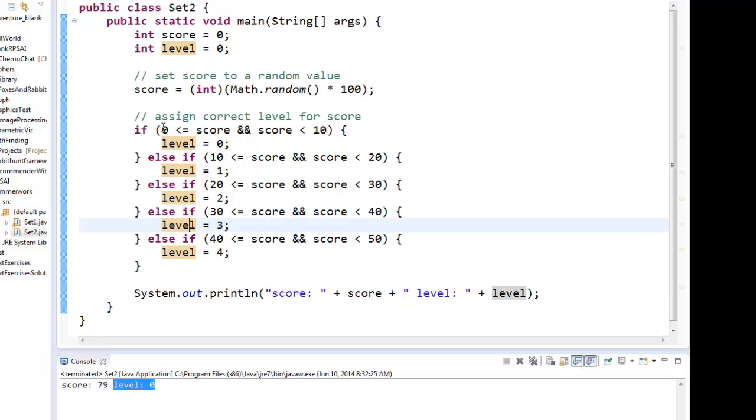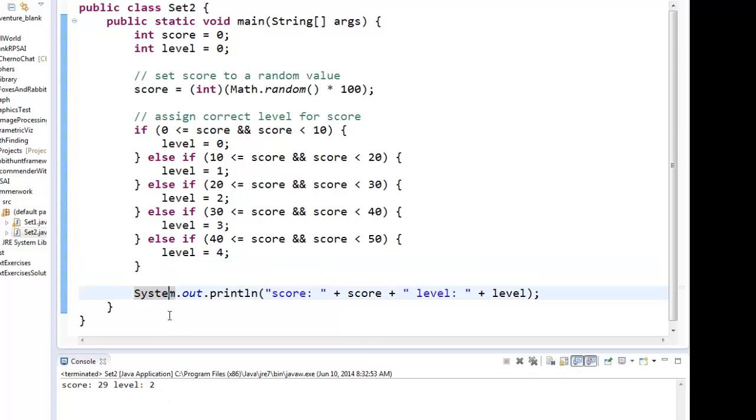When it was 79, none of these if statements were true, and so when I got to the print statement, level was the same thing I initialized it to be. So in his game, he had if statements that went all the way up to 100. But 17, level 1, so more or less this seems to be working. 3, level 0, 91, level 0, because we don't have an if statement, 29, level 2.